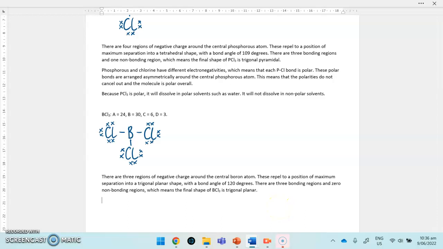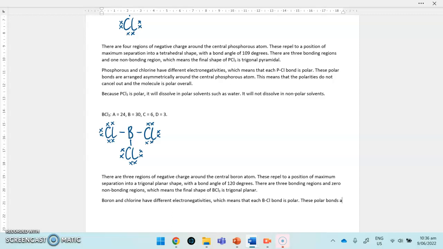Then we talk about the polarity of the molecule. So boron and chlorine have different electronegativity, which means that each B-Cl bond is polar.